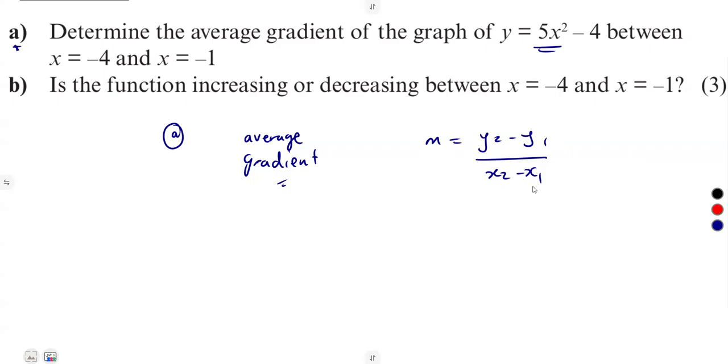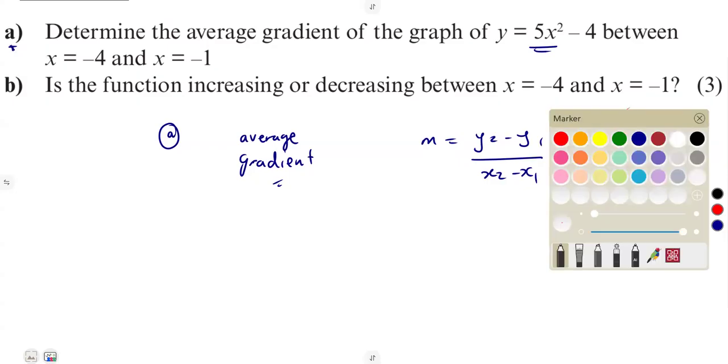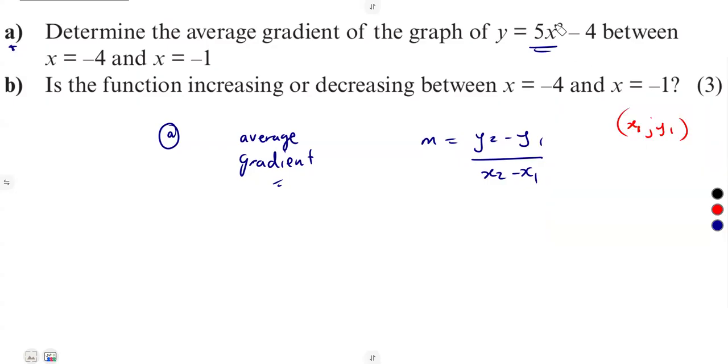So as you can see, x1, y1 is a point, meaning from the x value that you're given as your first point, you're going to find the y value. So take note, you already have the equation where y is taken from x.